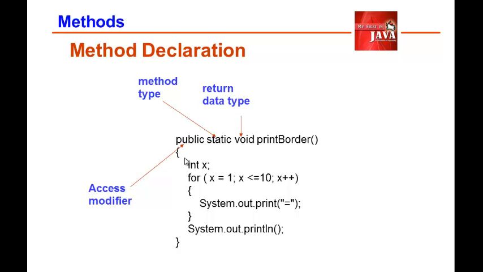Return data type. Think of the methods that we will define as just like a variable we declare at the start of the program. In declaring a variable in a program, we need to define its data type. Same goes with a method. It can be declared as int, double, float, char, boolean, or another class such as String.